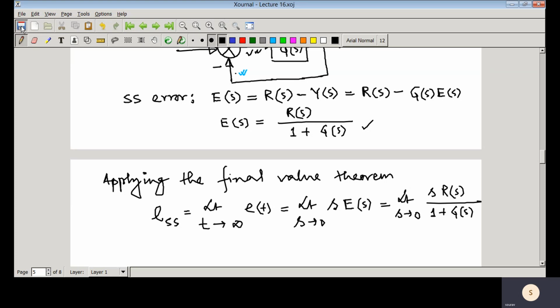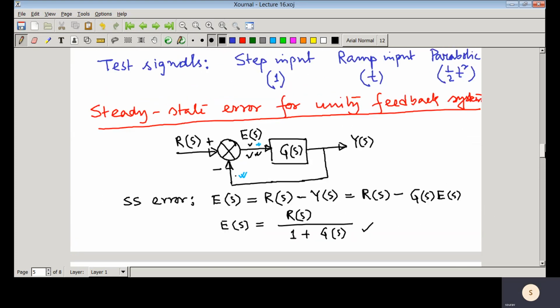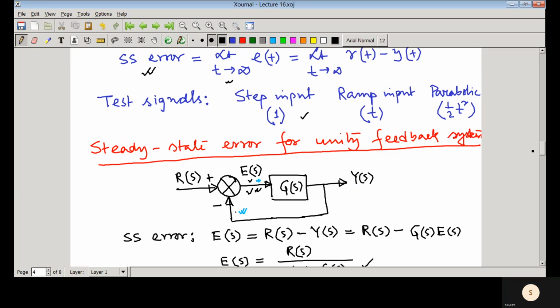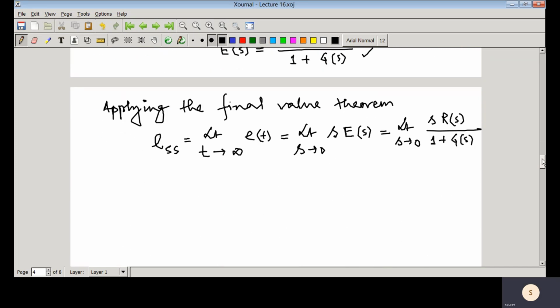So now let us see what happens in case of step input. So if R(s) is step, then what happens? That means if we apply step input, then the steady state error is limit s tends to 0 of s R(s) by 1 plus G(s).